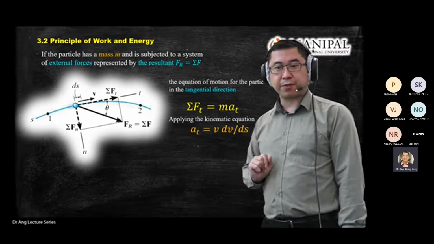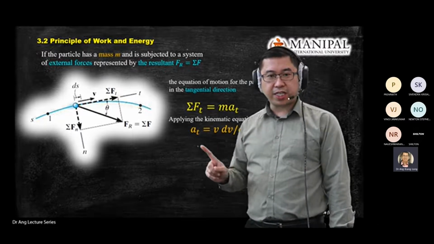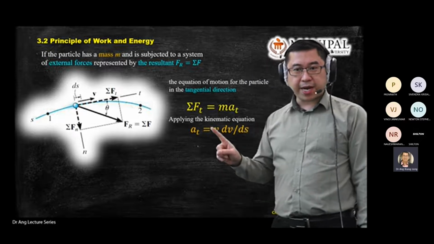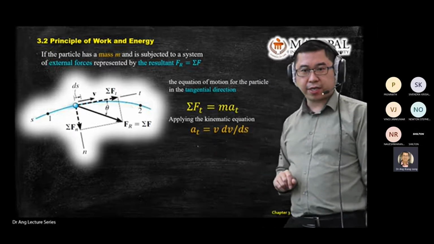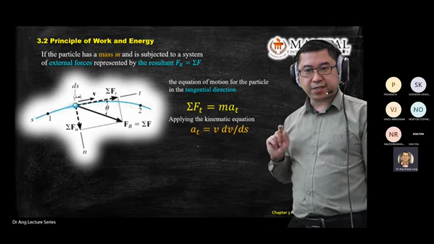This one you can find in chapter 1 when we derived the ST graph to VT to AT graph. Now we apply the acceleration equation here, a equal to v dv over ds.